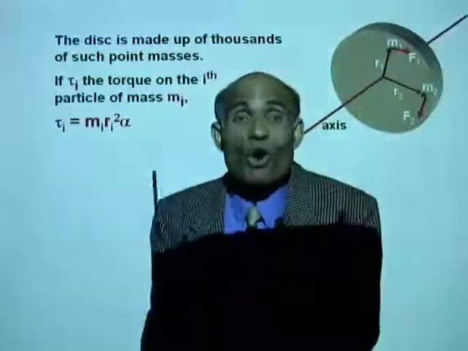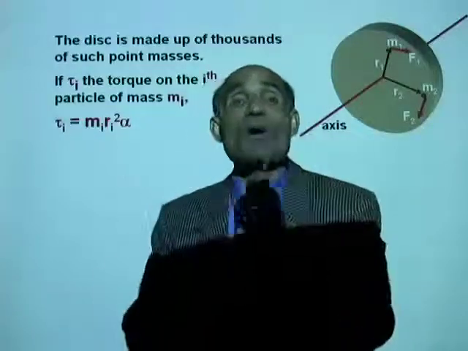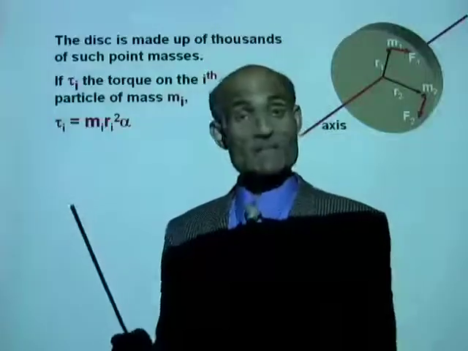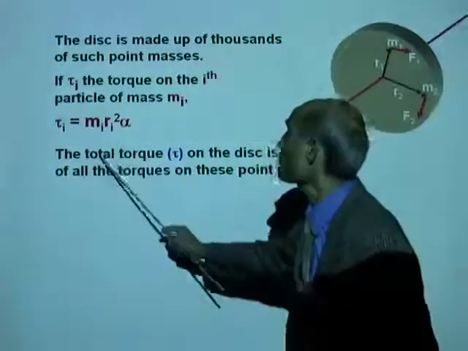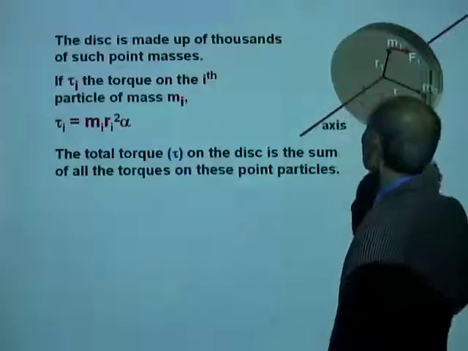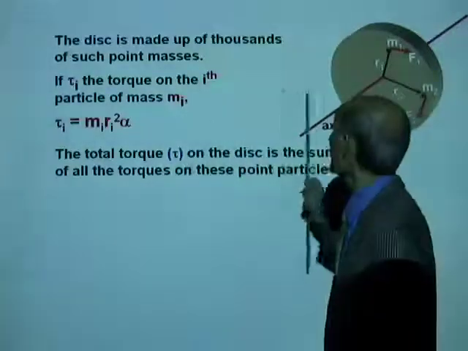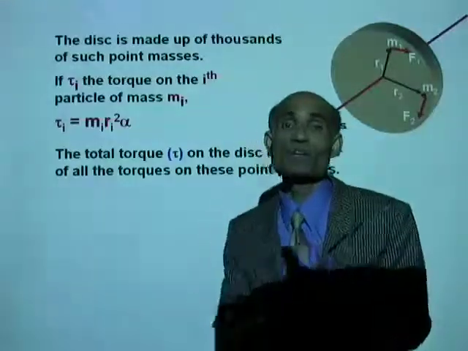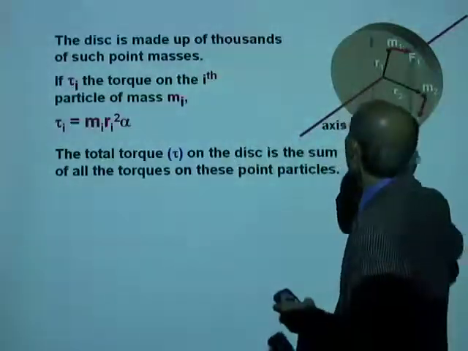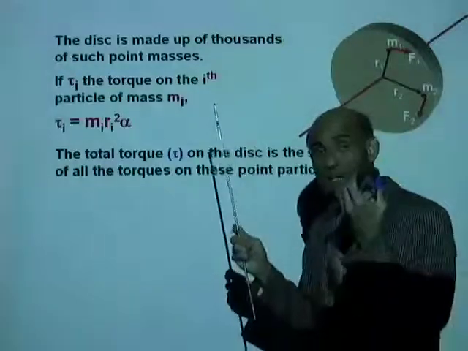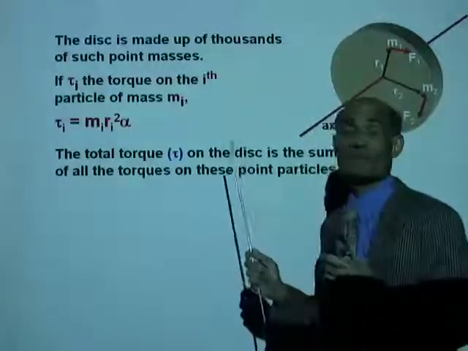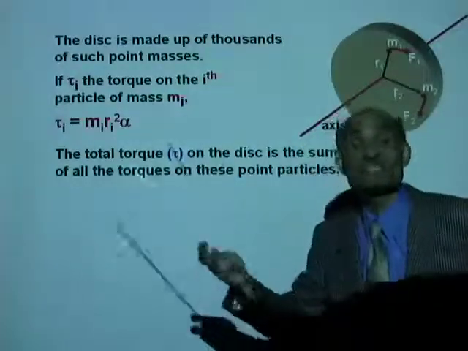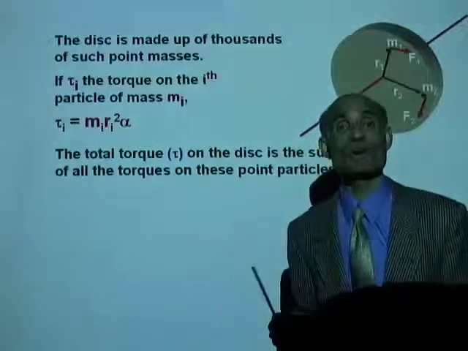The total torque, therefore, will be the sum of the torques of all these particles. Is it not so? Does it make sense? I think so. The total torque tau on the disk. We have now obtained the torques on each individual particle. If you know the torques of all the particles that compose the disk, then the total torque tau on that disk will be the sum of all these torques.